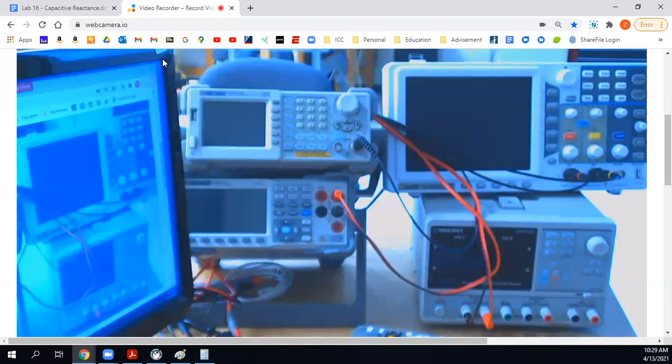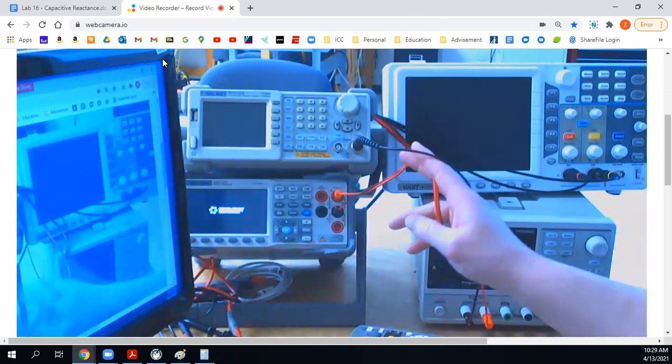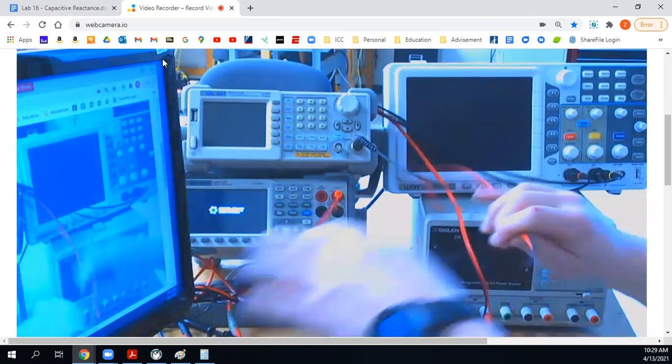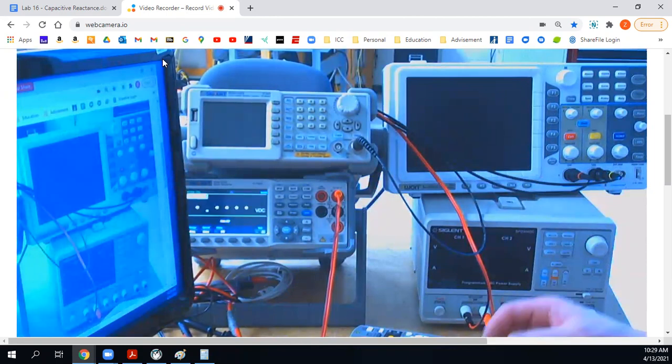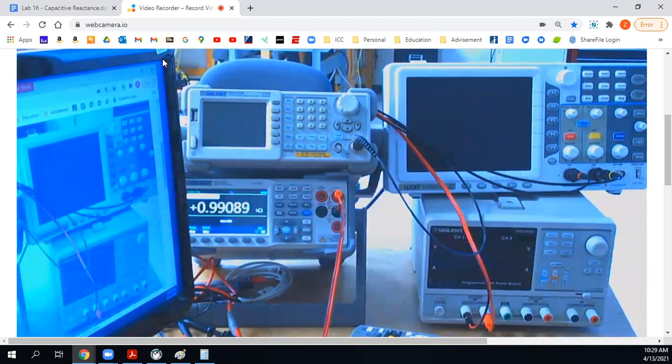And if you don't know how to do it, we're not going to shame you, but you know how to read the resistance of your resistor? I've got 0.991 kilo ohms. I'm going to write it on my table as 990.87 ohms.